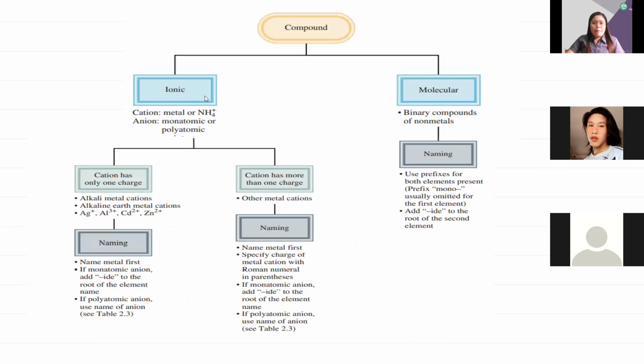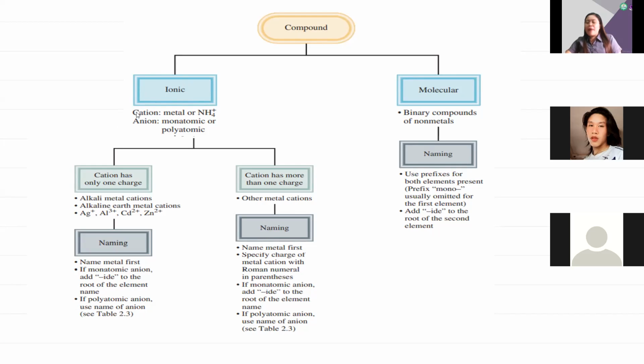So we have here compounds. For ionic compounds, remember that there is a cation, a positively charged substance. It can be a metal or a polyatomic ion, like ammonium.